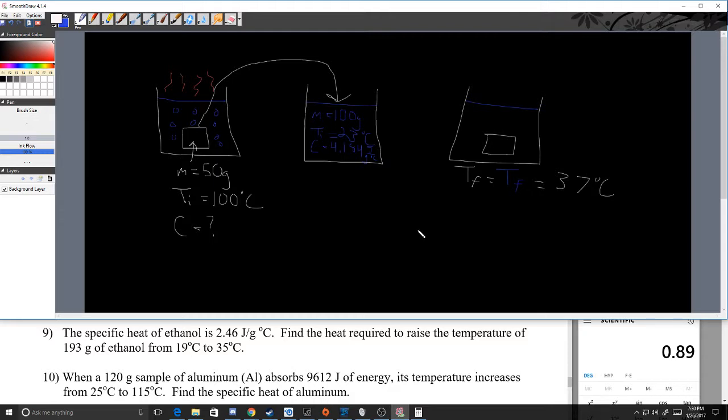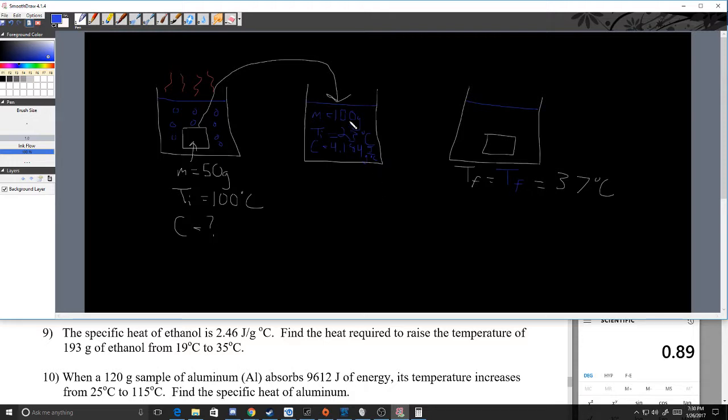All right, here's where the calorimetry calculations actually come into play. So I'm going to switch to the blue because we know the specific heat of the water. We know the starting and final temps of the water, and we know the mass of the water. So I can actually figure out the heat energy gained by the water.